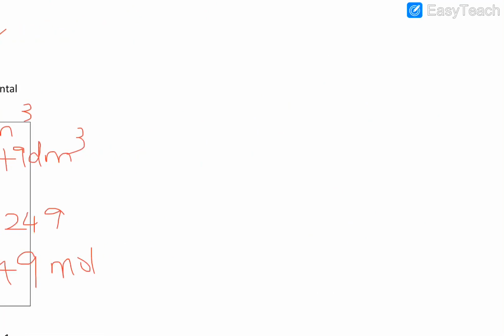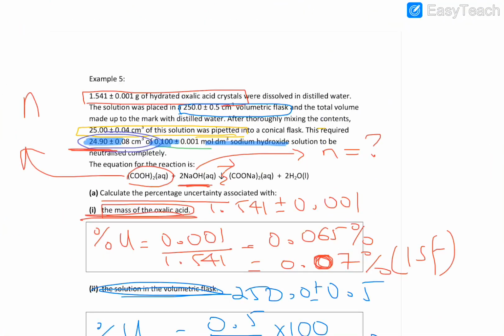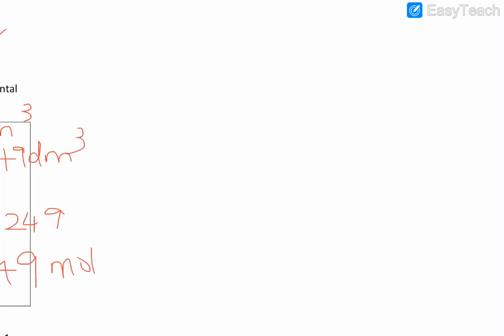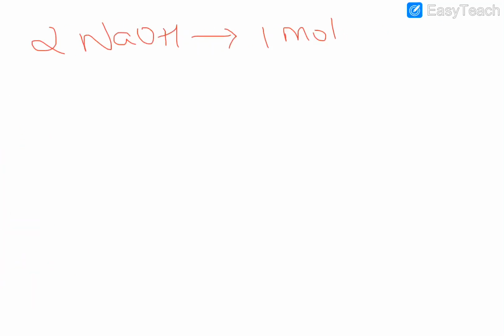Now from the equation, see the equation here. 2 moles of NaOH reacts with 1 mole of oxalic acid. So I have the mole ratio. 2 moles of NaOH reacts with 1 mole of oxalic acid.